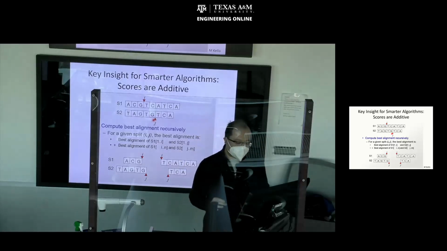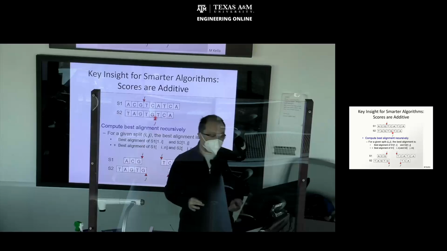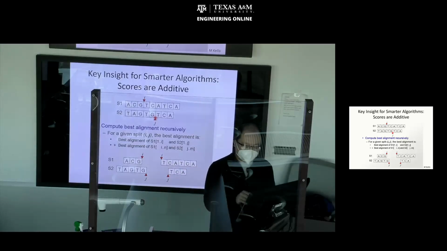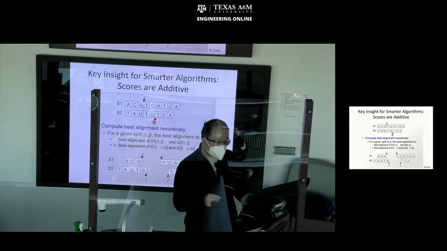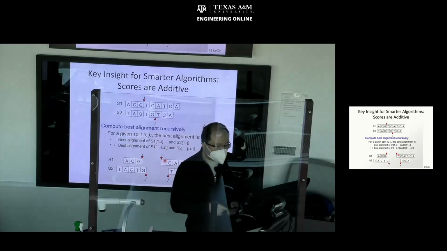Okay, and then let me ask, if I fix this split, where is the best alignment? The best alignment means the S1 and S2, okay? But if I split S1 and S2 at the given position, i and j, then the best alignment has to be the best alignment of these two individual substrings if I fix where I split.